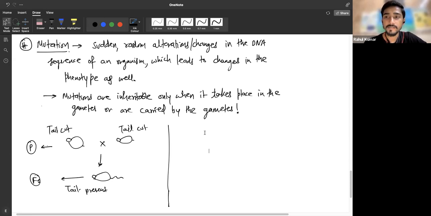Can two tailed mice give rise to a tailless progeny? If yes, under what conditions is it possible? Can two tailed mice reproduce to give rise to a tailless progeny? If yes, how is this possible?